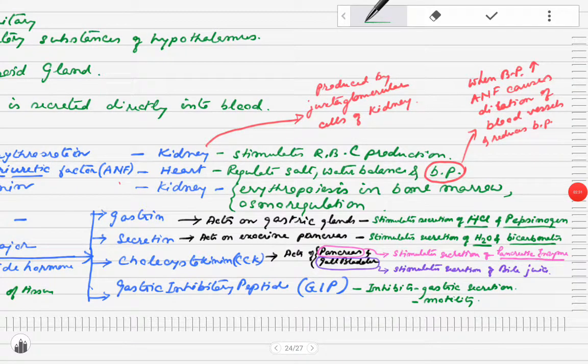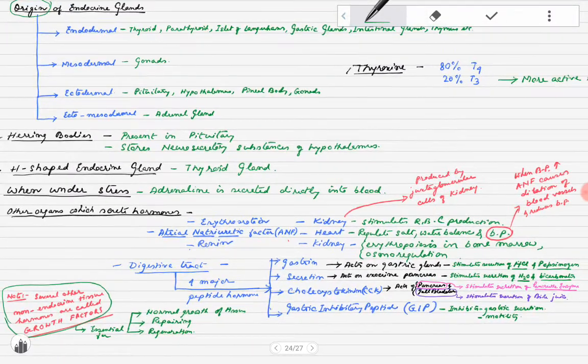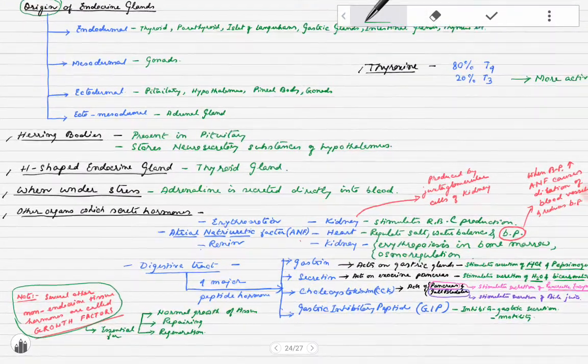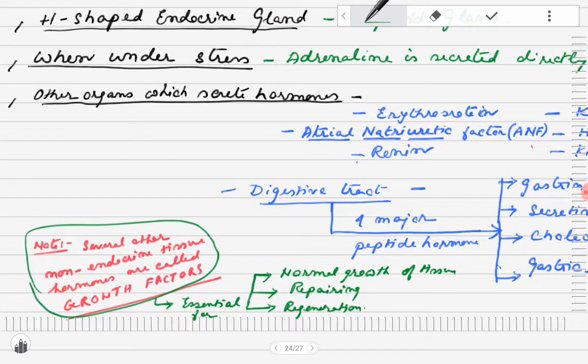Now gastric inhibitory peptide inhibits gastric secretion and motility. Note that hormones of several non-endocrine tissues are called growth factors. What are growth factors, you may be asked. They are essential for normal growth of tissues, repair and regeneration.